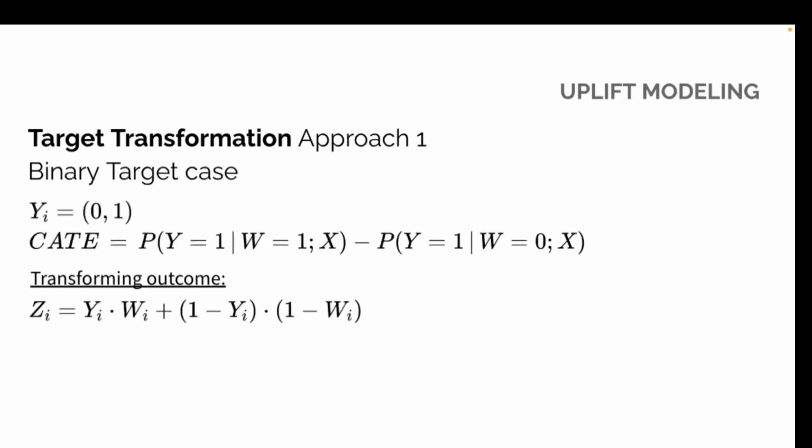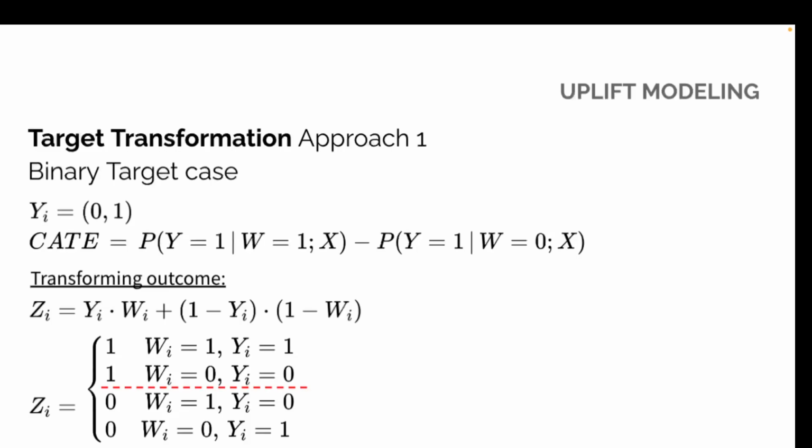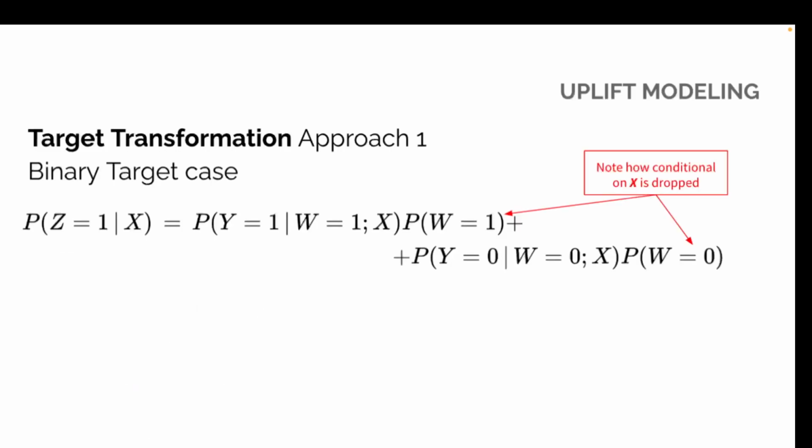To model that difference explicitly, they introduced this transformation Z. So Y times W, both of them are binary, and we have these 4 different scenarios for Z, right? Y and W are both binary, therefore we have only 4 scenarios. No problem. So let's compute the probability of Z being 1.